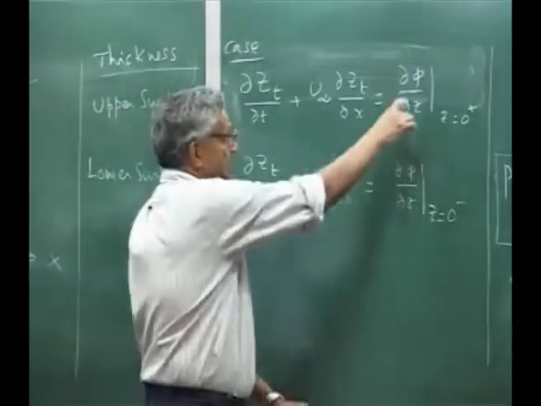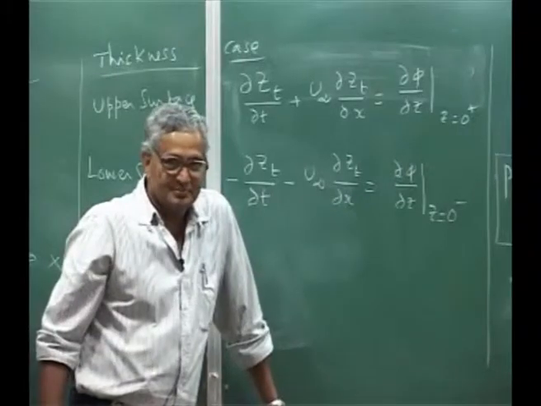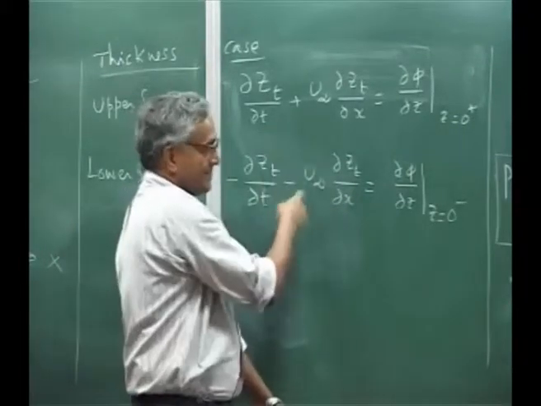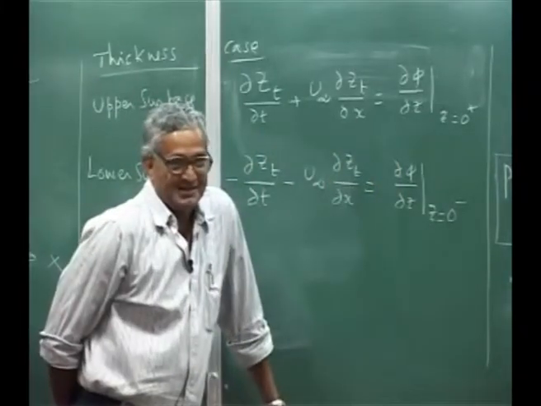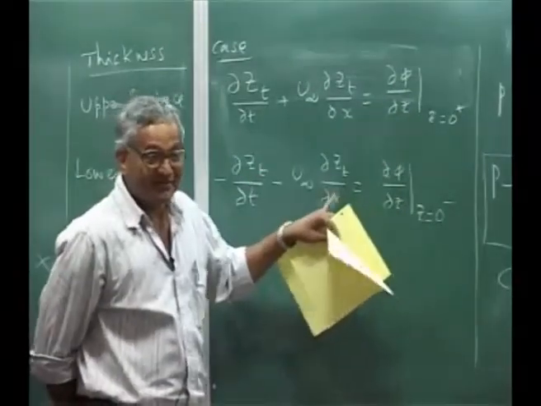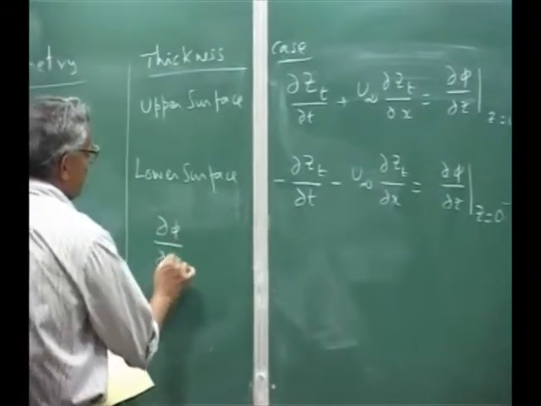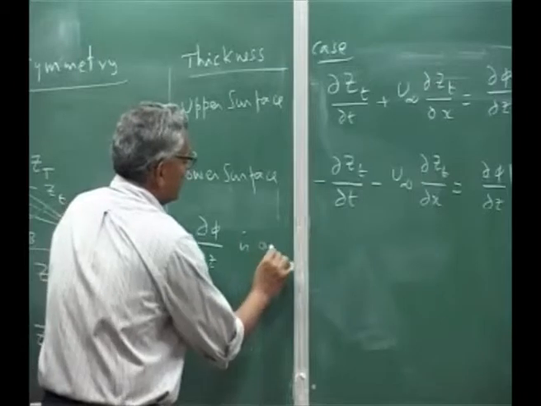This delta phi by delta Z is antisymmetric because 0 plus, 0 minus. 0 plus is positive, 0 minus is negative. That means delta phi by delta Z, for the thickness case, is antisymmetric.